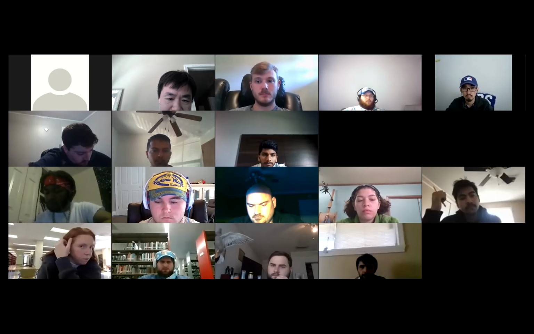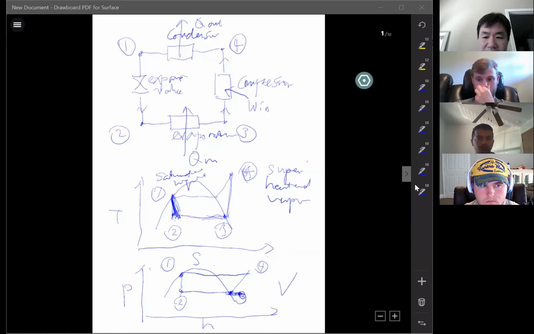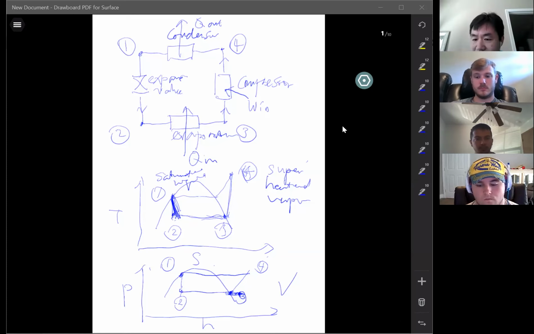Let me share my whiteboard again. Heat transfer out. Okay, so there is an energy balance in the heat exchanger. It's a condenser, it's a heat exchanger, right? When you do a heat exchanger, you always study the energy balance between the two fluids.